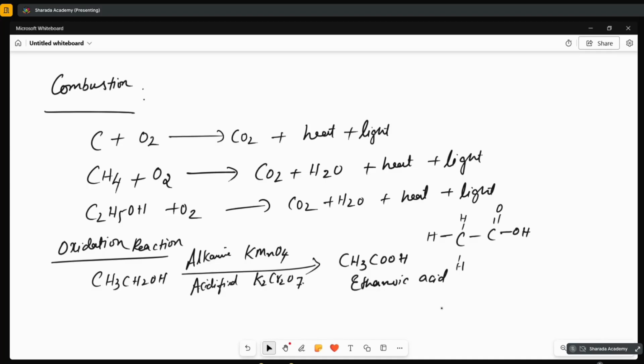Okay, ethanoic acid. What is this acidified potassium dichromate or alkaline potassium permanganate? This is an oxidizing agent. Oxidizing agent means what? Snetra, what do you mean by oxidizing agent?